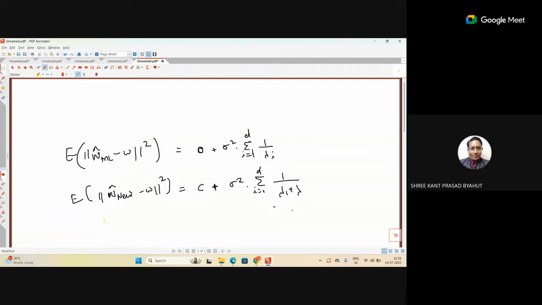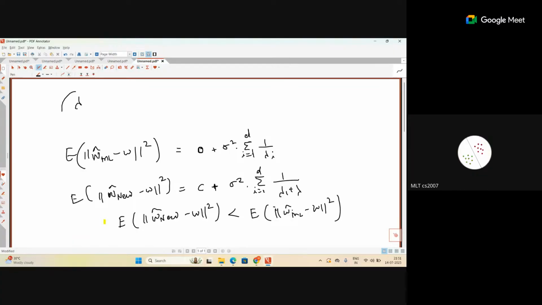The existence theorem says that there exists some lambda which will give me this quantity less than the previous one. Then we iterate again and again and we'll get it.